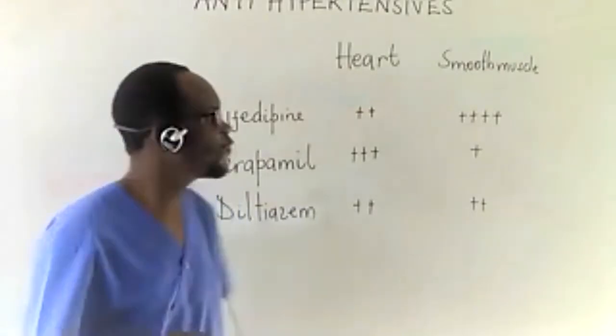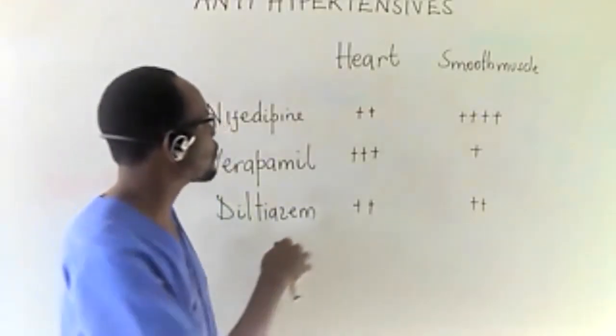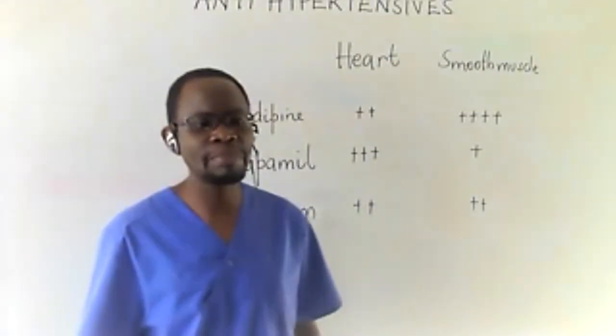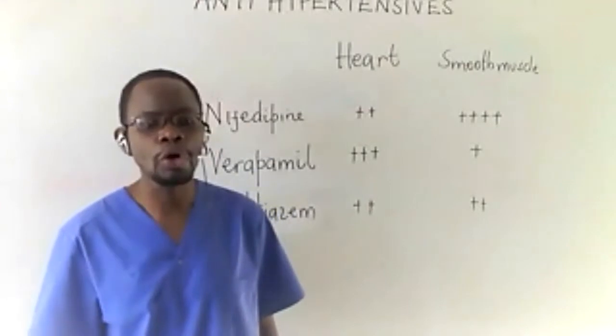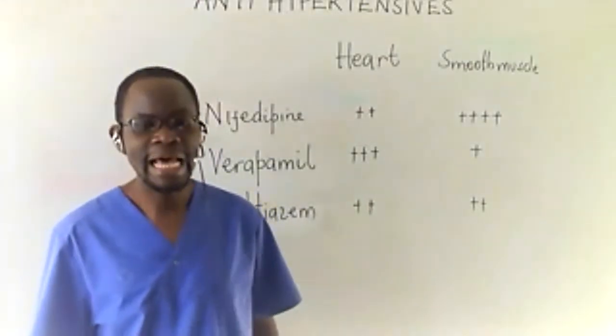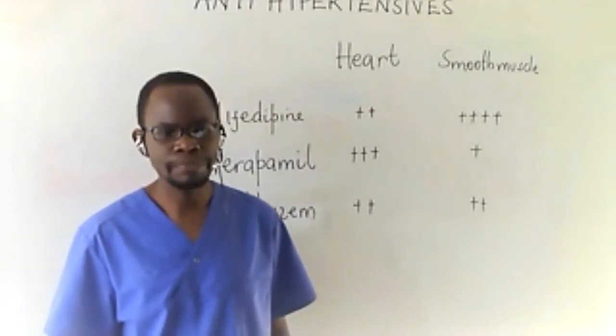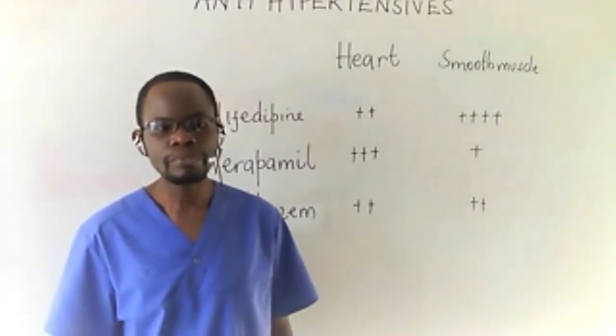But also, if they prevent contraction of the smooth muscles, that basically means that the smooth muscles will continue to relax, and so that will decrease blood pressure. Is that clear? All right.